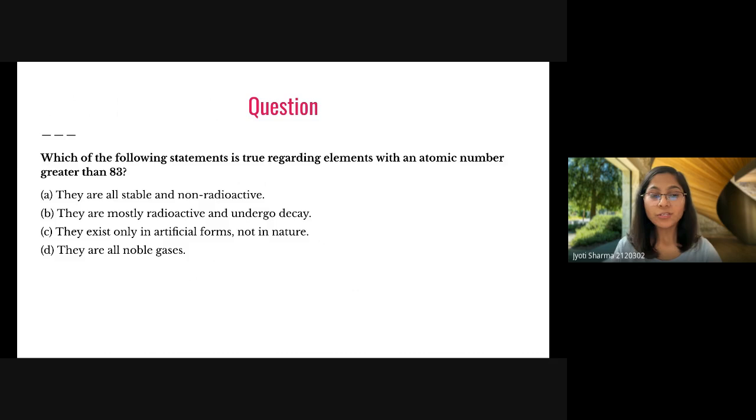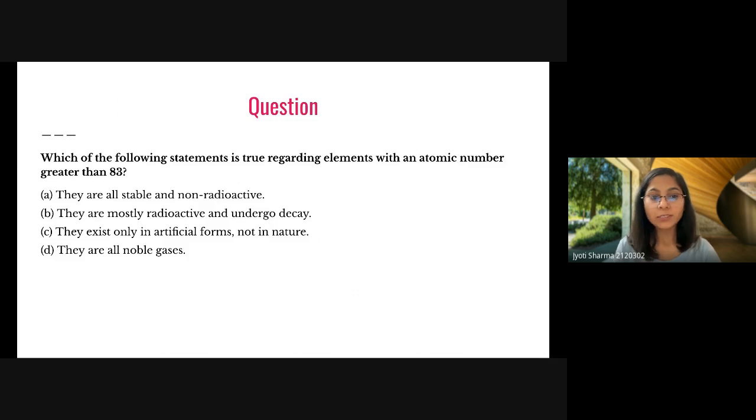Okay, my first question is based on how you will consider that an element is radioactive or not. So there is a definition, and based on that only I have this question. Which of the following statements is true regarding elements with an atomic number greater than 83? We have four options here.